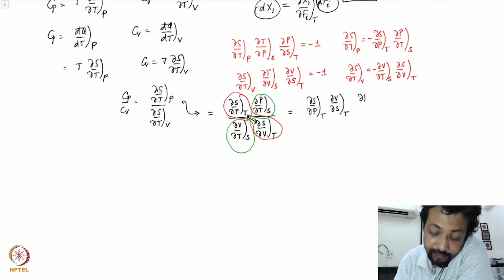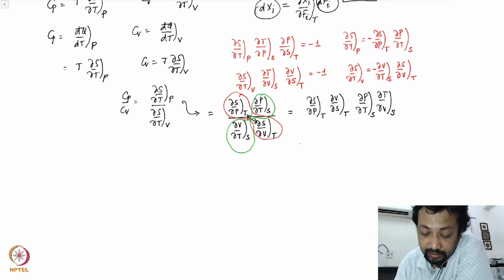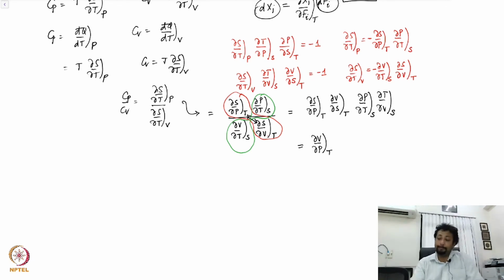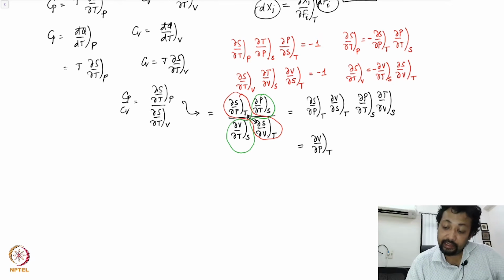So I have (∂P/∂T) at constant entropy times (∂T/∂V) at constant entropy. (∂S/∂P)(∂V/∂S) is (∂V/∂P) at constant temperature, and if you are careful to see, entropy is held constant in this one, which is (∂P/∂V) at constant entropy.